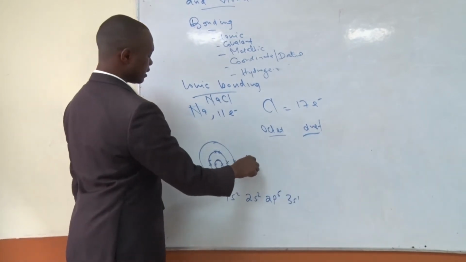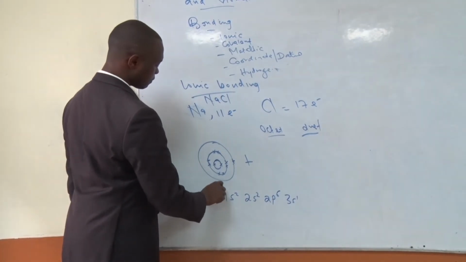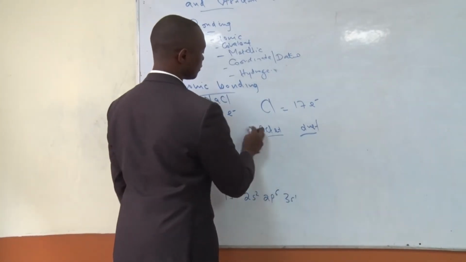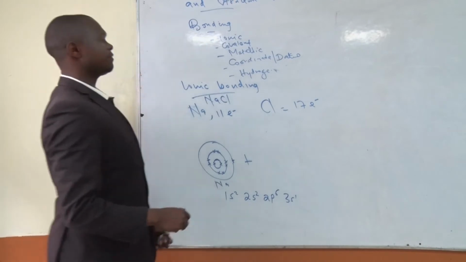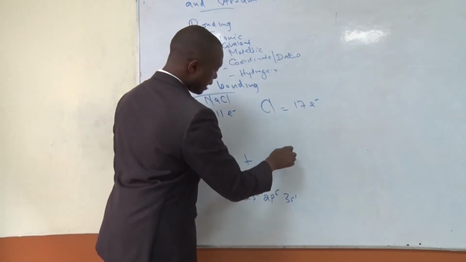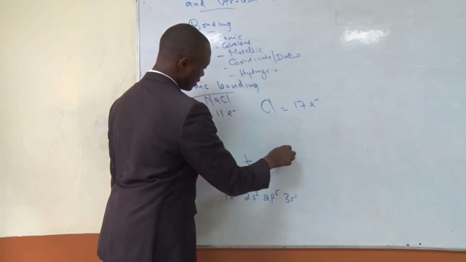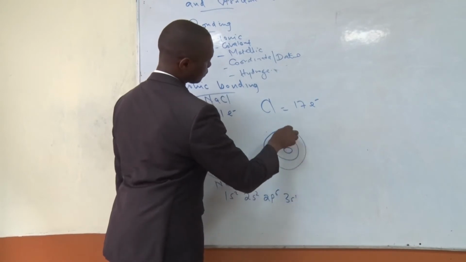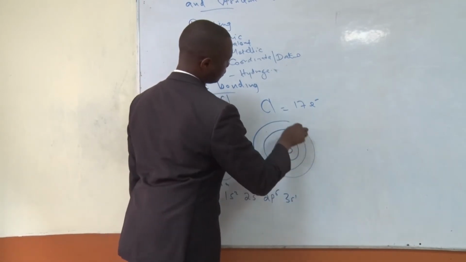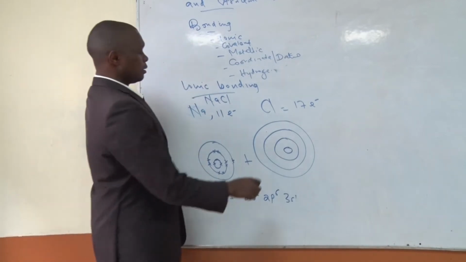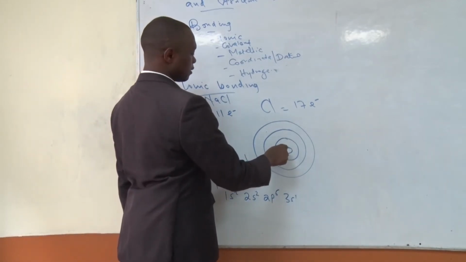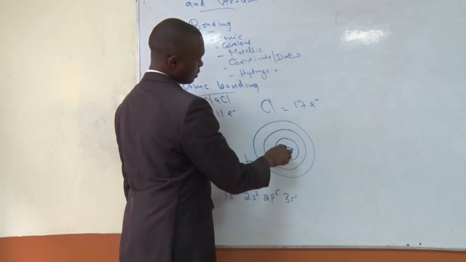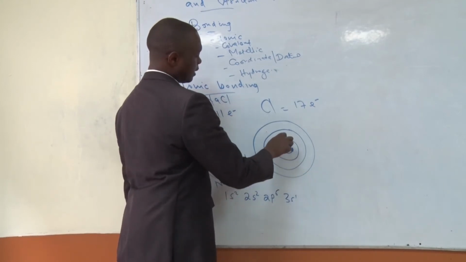So this is sodium, and we are joining it with chlorine. Chlorine has 17 electrons and its atom is a bit larger than the sodium. So the first 2 electrons of the chlorine are there.